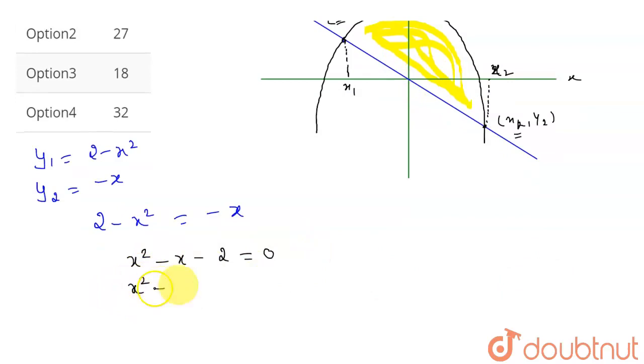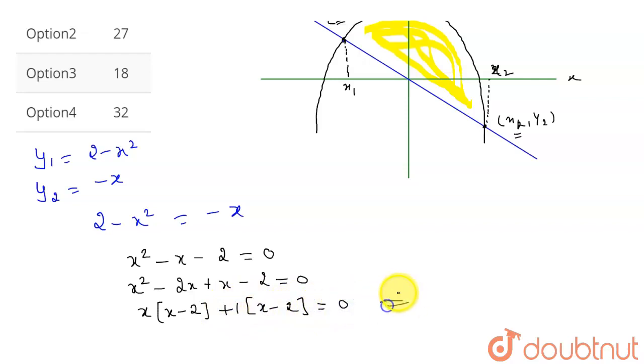So it is giving me x square minus 2x plus x minus 2 equal to 0. Let me factorize. So this will give me x minus 2, let me take plus 1 common. So this gives me x plus 1 into x minus 2 equal to 0.